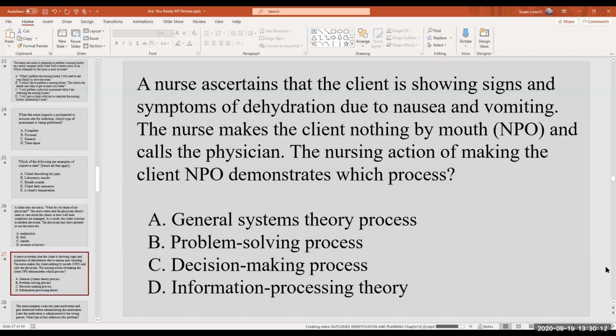General systems theory process, problem-solving process, decision-making process, or information-making process theory. So yes, it is decision-making process for those of you that said it.